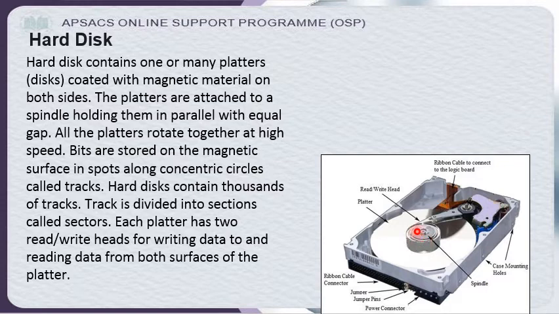Bits are stored on the surface of the plate in the form of tracks. Here, let me create a track for you, in cylindrical order form. The tracks are in a circle form.